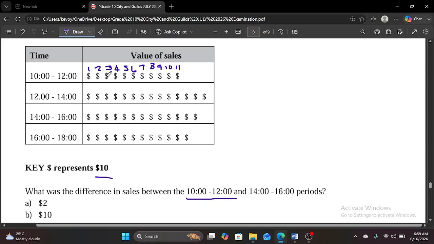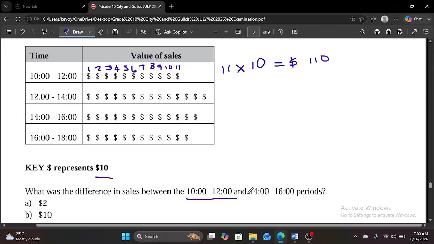So because it's 11 symbols, we have to multiply. 11 multiplied by 10 is equal to $110. So that's the value of sales that were made during that time.